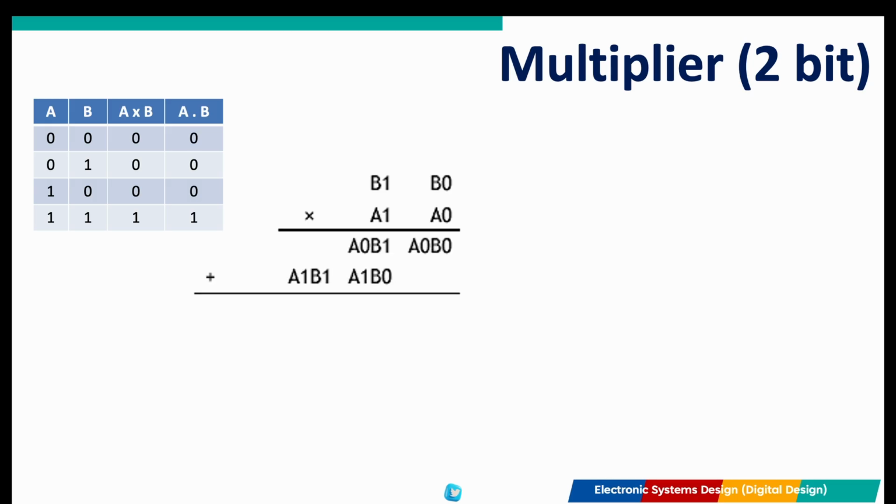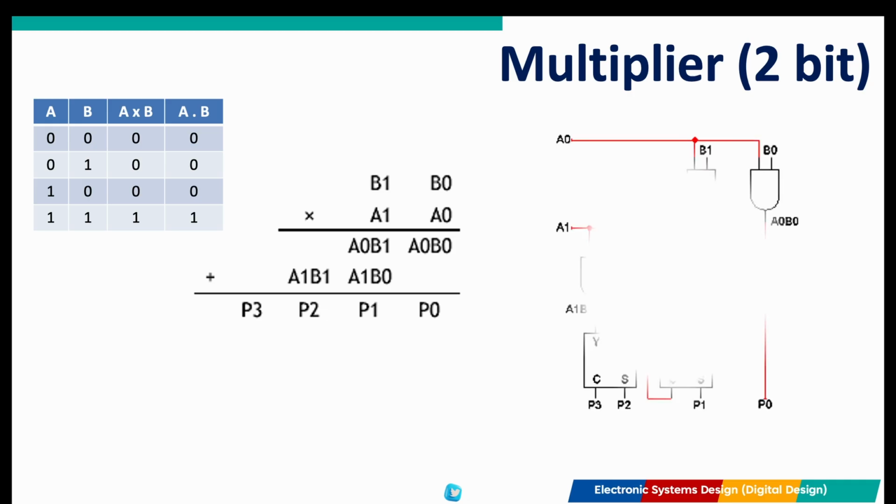Multiplying B1 by A1, A0 shifted one to the left yields A1B1 and A0B1. Finally, you add the columns together to get the 4-bit product P3, P2, P1 and P0.